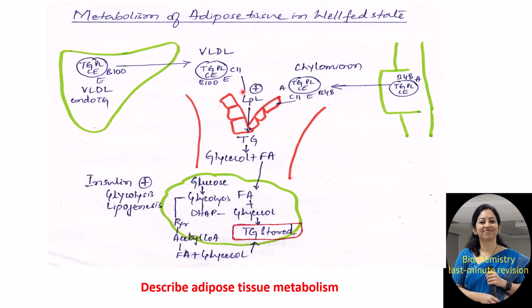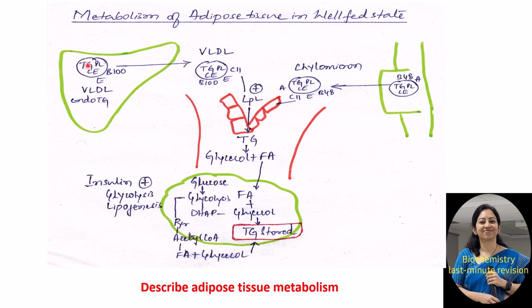Simultaneously, lipogenesis is also taking place in the liver. The acetyl-CoA, the starting material for de novo synthesis of fatty acid through the multi-enzyme complex, gets converted to palmitic acid or fatty acid. This is esterified with glycerol to form triglycerides.